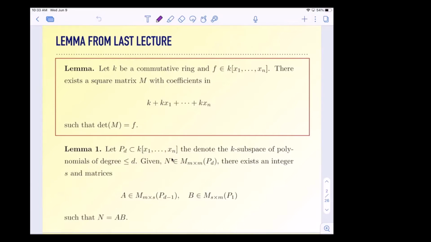So basically matrices that you can multiply together where the polynomial degree has gone down by one. So we're going to use this to do an induction somehow. If you start with a matrix with coefficients that are polynomials of degree D, then you can always factorize that matrix as a product of two other matrices, where one matrix has coefficients that are polynomials of degree 1 and the other matrix has polynomials of degree D minus 1. Okay.